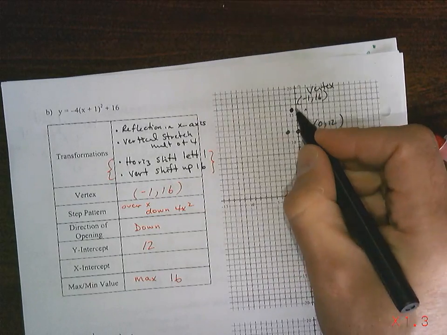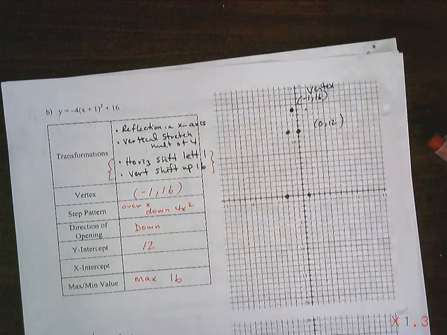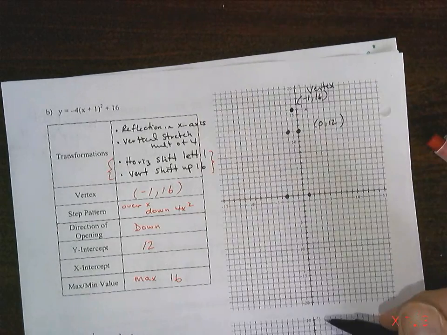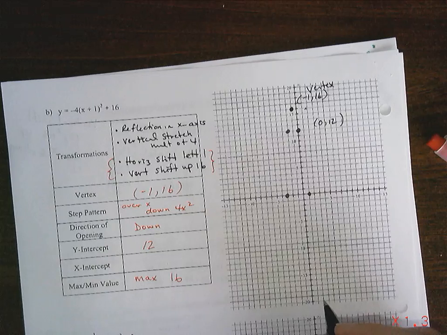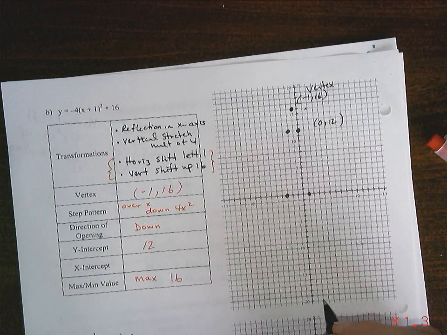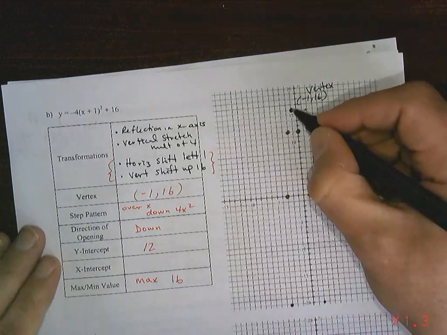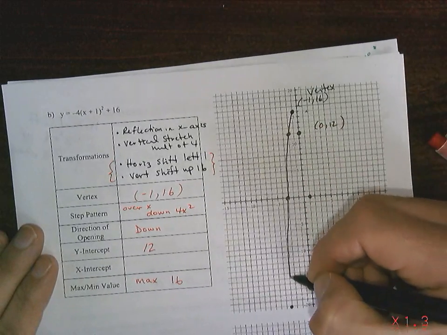And if I go over 3, I should go down 4 times 9, which is 36, which I think is right here. And I have to line up my lines right. So here's our parabola.